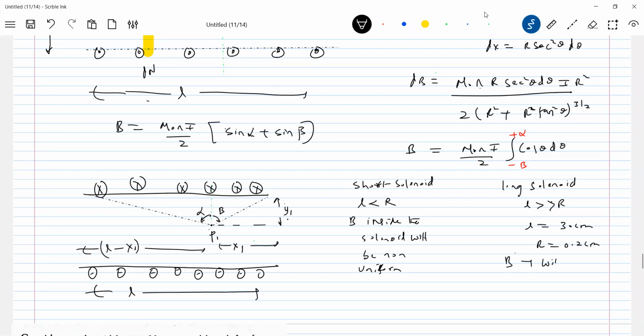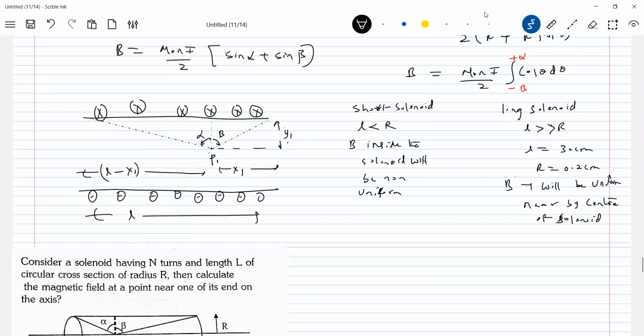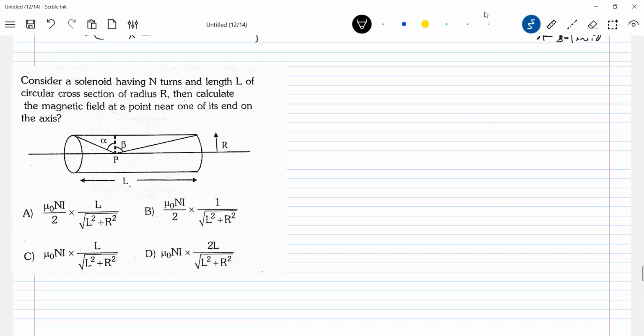B will be uniform nearby the center of the solenoid. So the long solenoid is what I'm interested in.